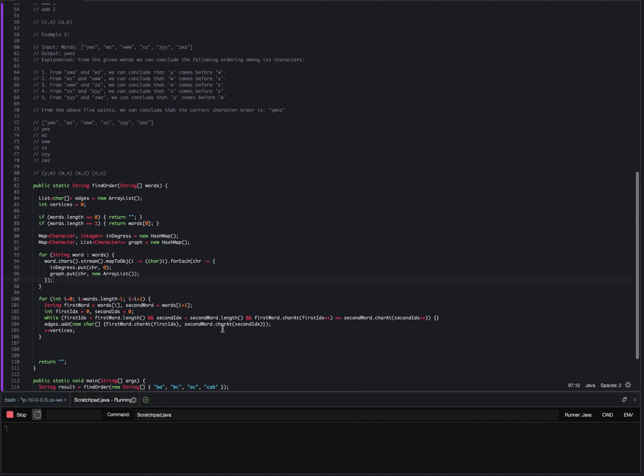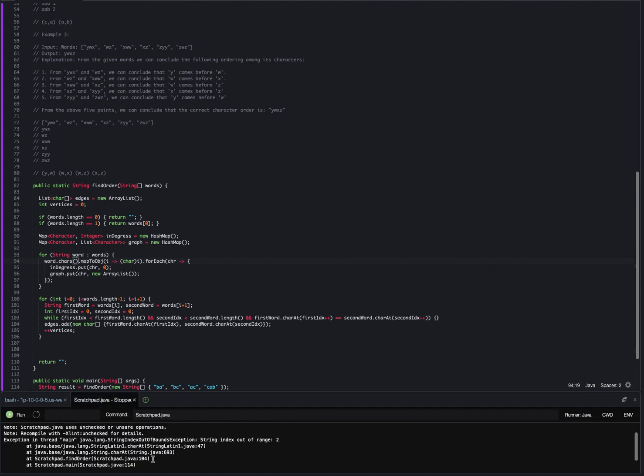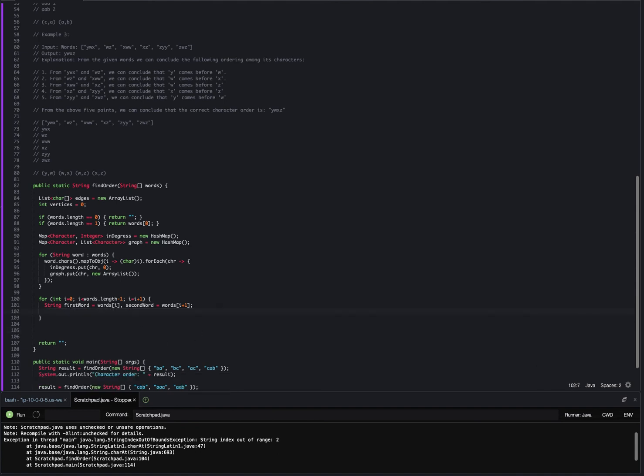Okay, so now both these maps should have the nodes, or the vertices, in them. Let's see, why is it failing? None in 104. Okay, cool. So now our life becomes a little simpler. What we need to do, we actually don't even need these anymore.